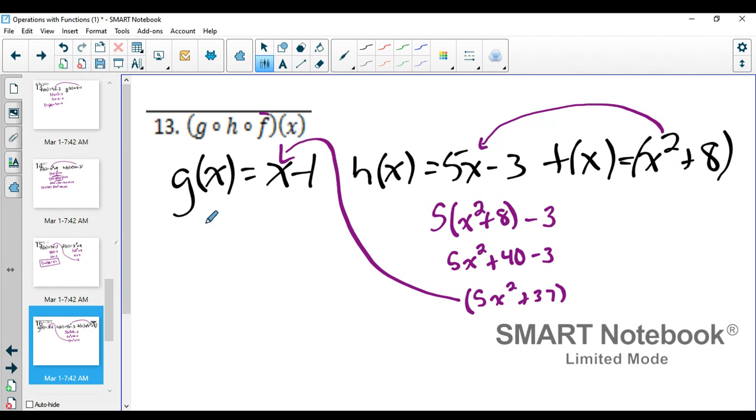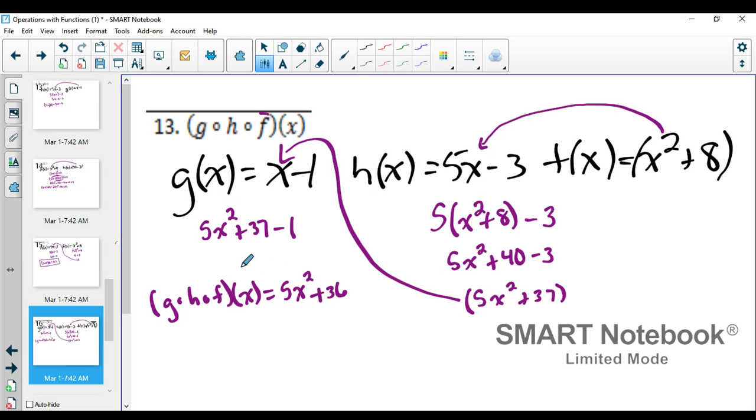So we have 5x squared plus 37 minus 1. You only have one set of common terms, so 37 minus 1 is 36. So g of h of f of x equals 5x squared plus 36. And that is the final answer for this problem. And that's it for this set of notes.